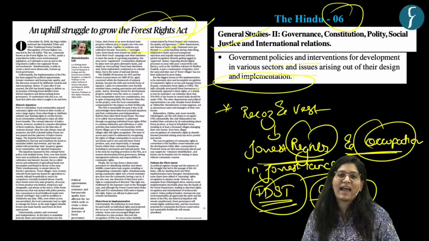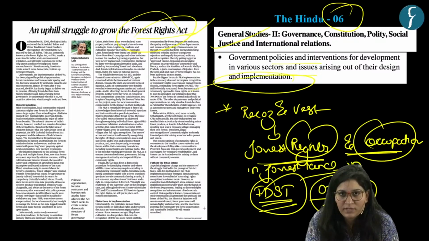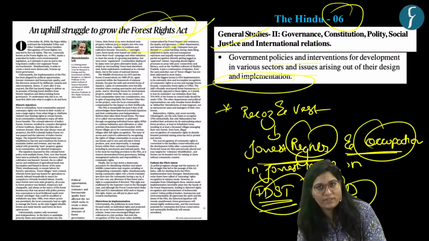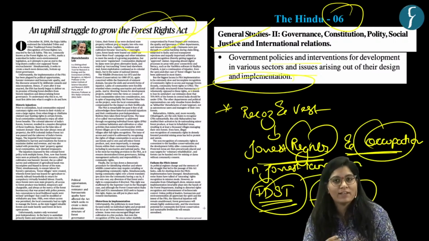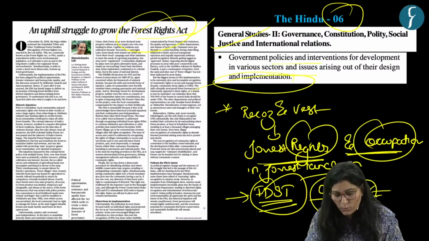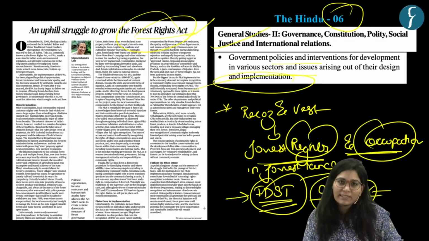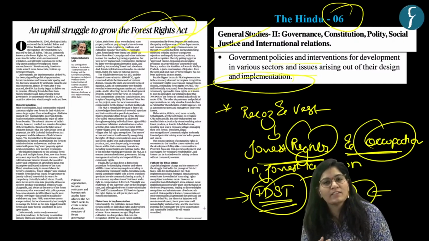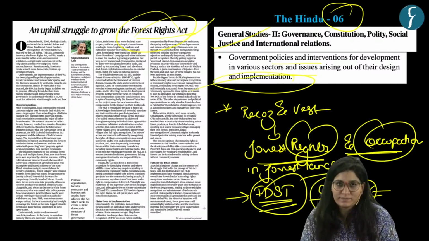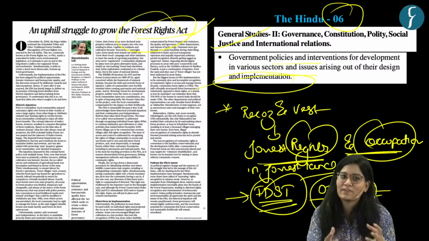Also, this act recognized the conservation regime or the importance of conservation, and it also ensures livelihood and food security to FDST and ODFT. Also, this act rectifies the injustice done by colonial power, by giving traditional land right to forest dwellers.